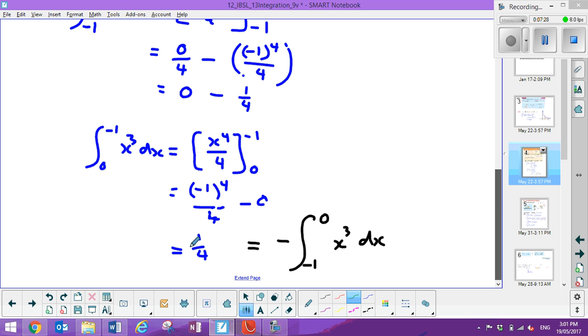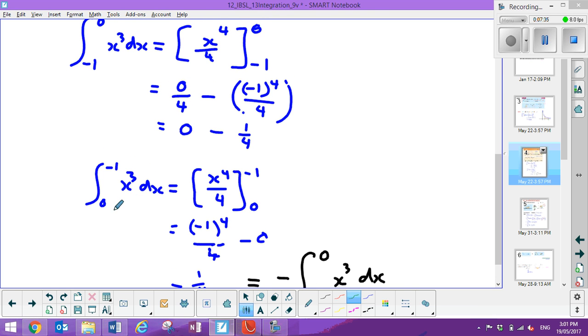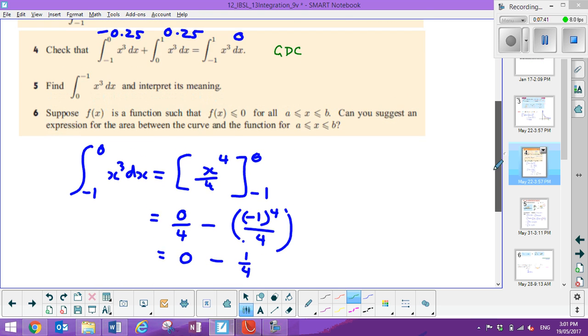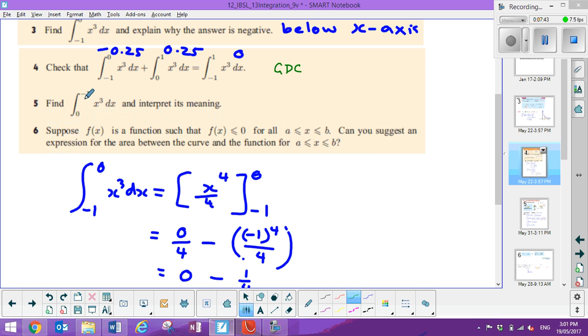You can change these boundaries around. If they swap, then it's the negative of the integral. Even though it doesn't make sense to think about how you get an area where the lower bound is 0 and the upper bound is -1, that gives us a positive value for the area. It's almost like you're looking at it upside down, though I'm not sure that's a very mathematical way.